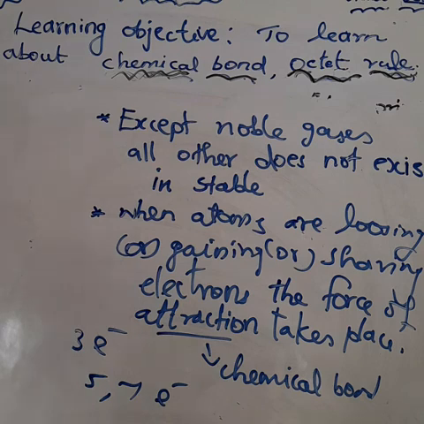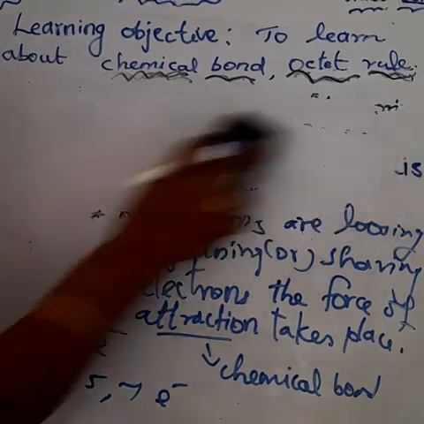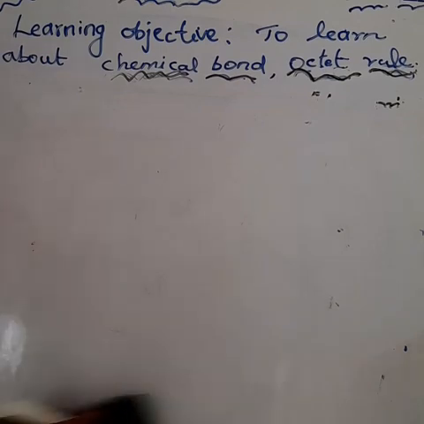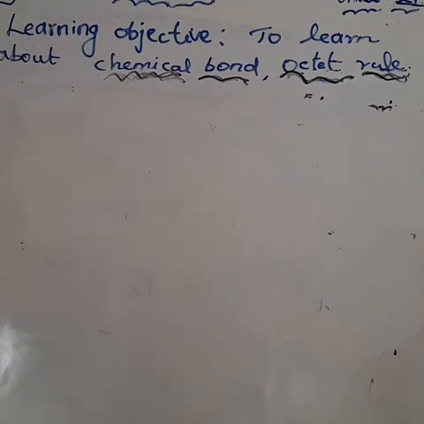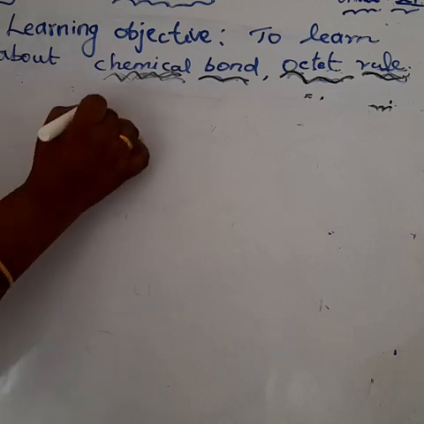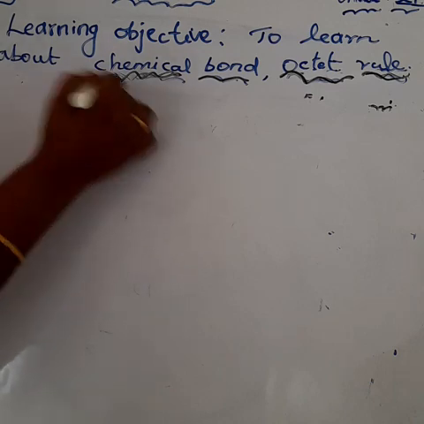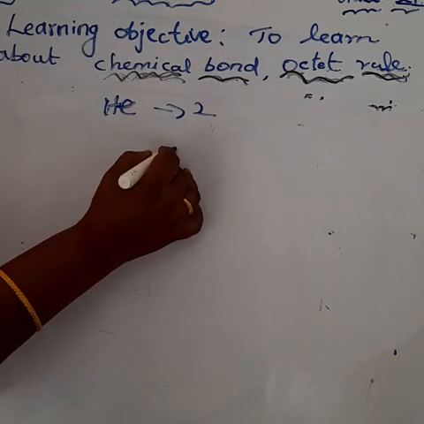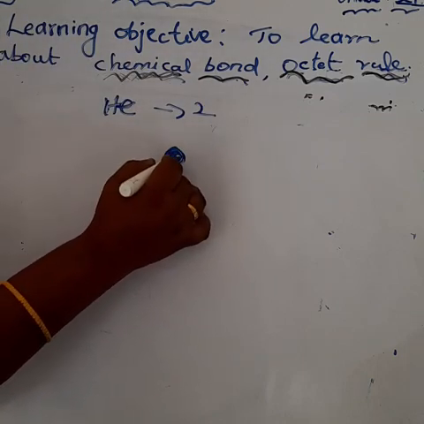Let us explain with an example how chemical bonding works. First, we know helium. This is the atom, this is the nucleus, having protons and neutrons. Electrons are revolving around the nucleus.